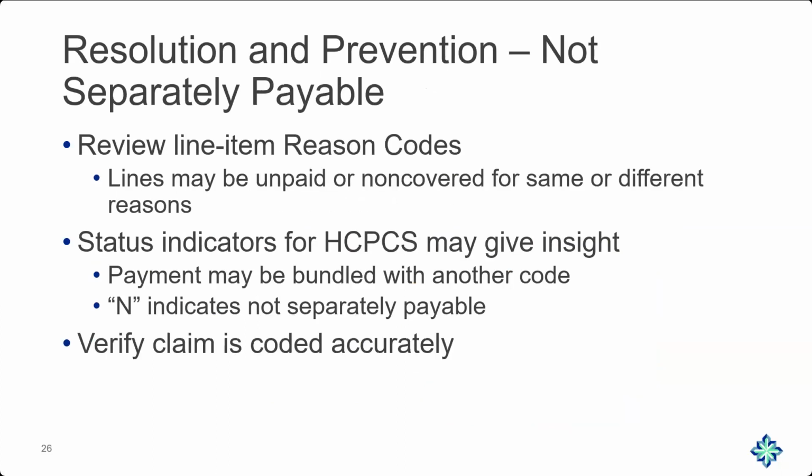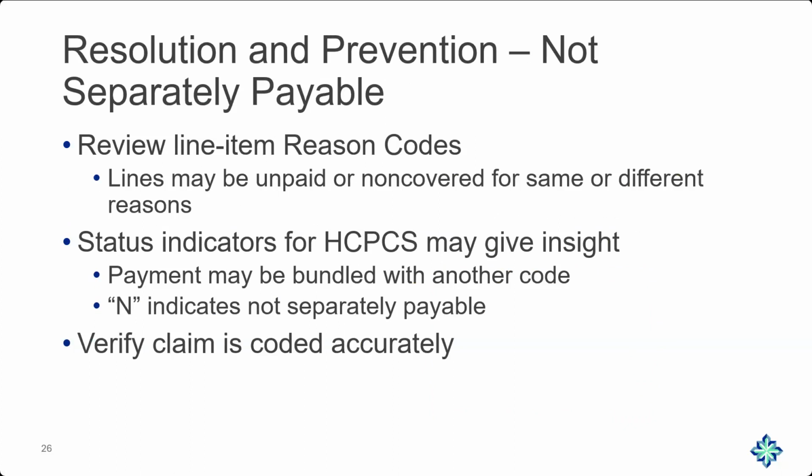So to understand this reason code, you'll have to investigate and understand what else might be going on with the claim or other items on the claim. So you're going to review any other line item reason codes that you might have. Different lines might have unique explanations for their status.